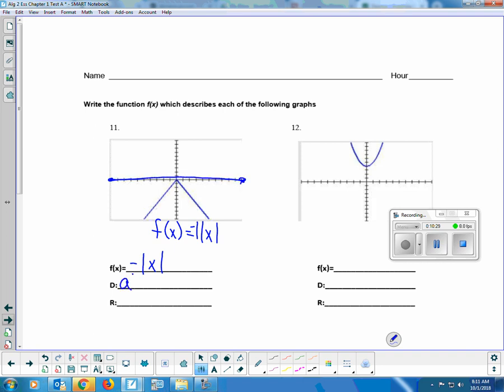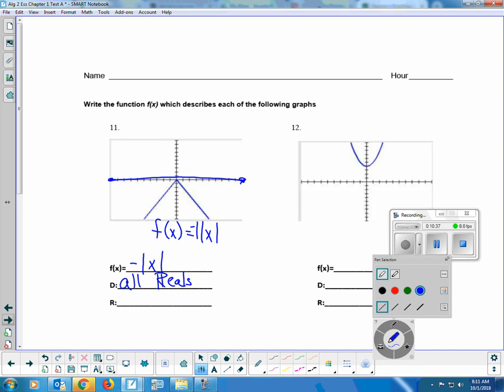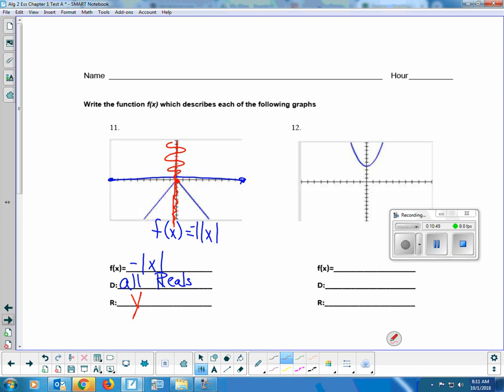All reals were used. And the range are your y's. So if you take a look at the y's, none of these are part of the graph. It's only from here down. So that would be all the y's that are less than or equal to 0.